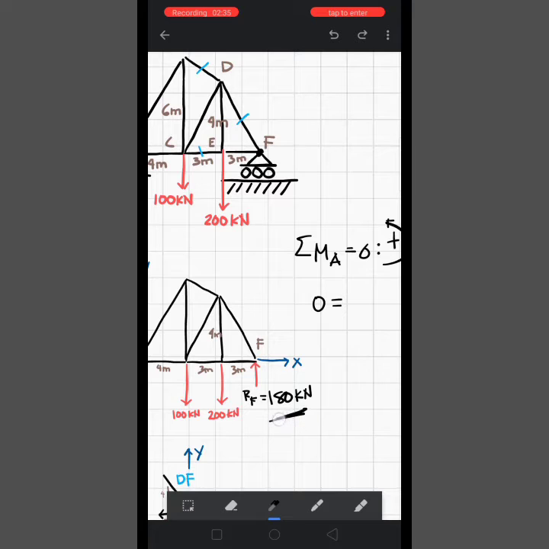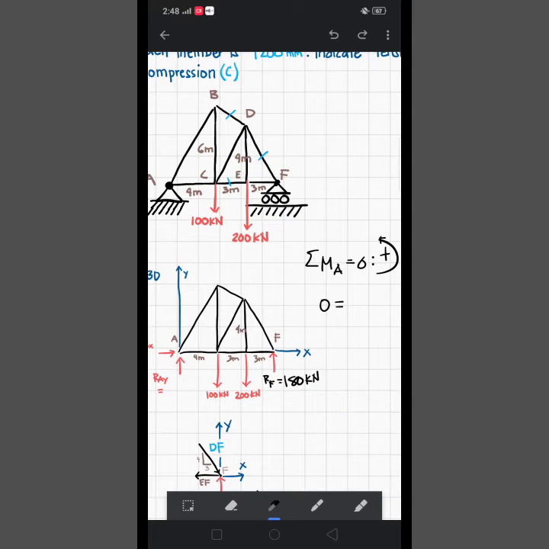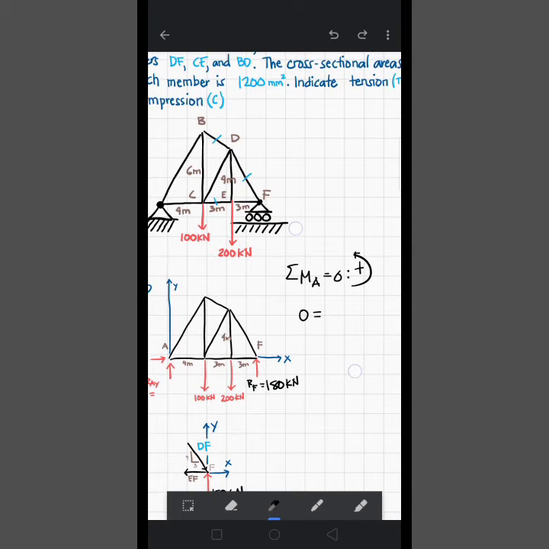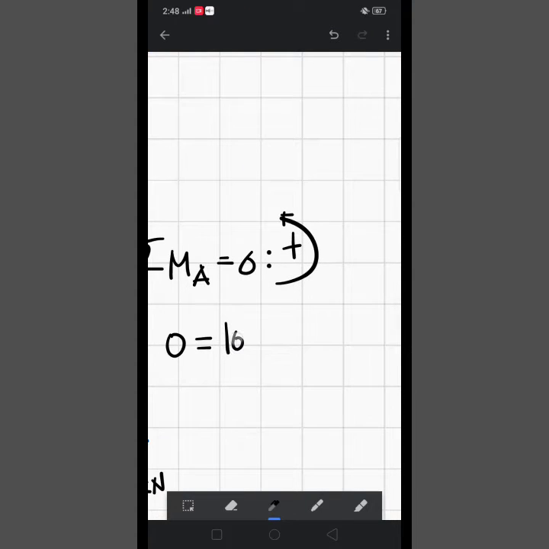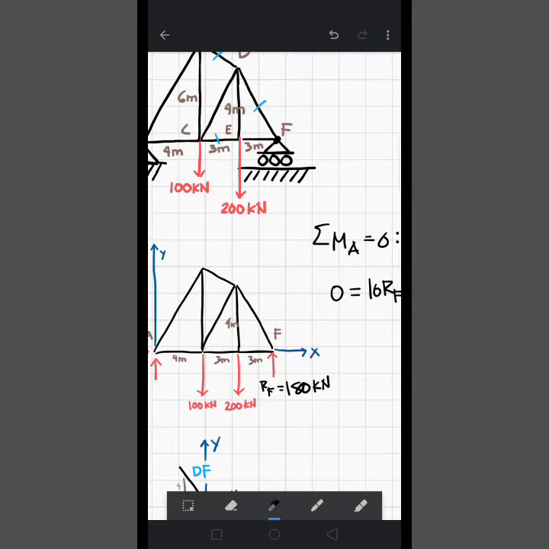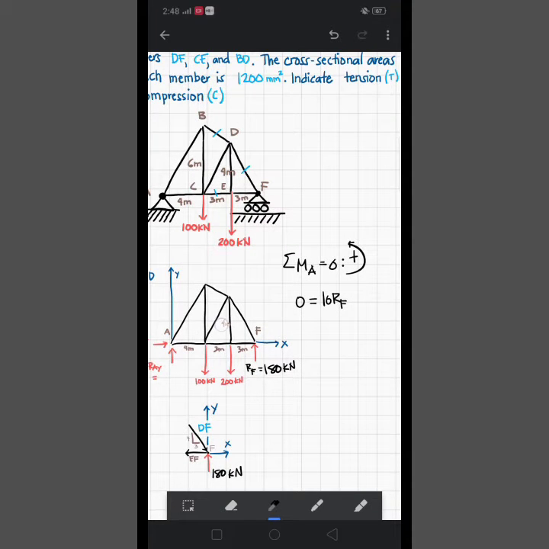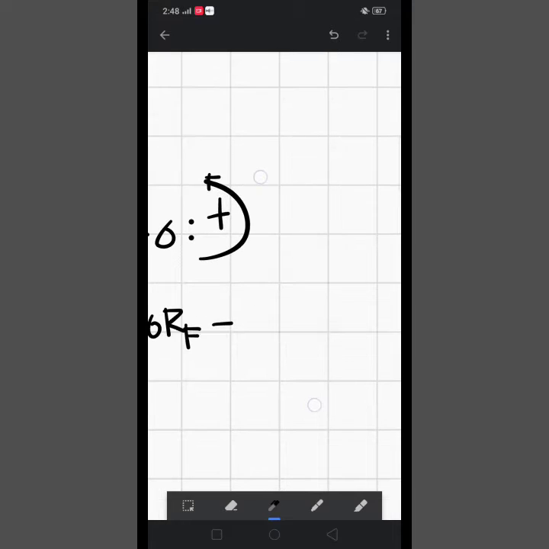So just to check if this is true, 4 plus 3 plus 3 is equal to 10. So that's going to be 10 RF. And then 200 times the distance, which is 7, but then it turns the system in the clockwise direction. Therefore it's negative. So that's negative 200 times 7.